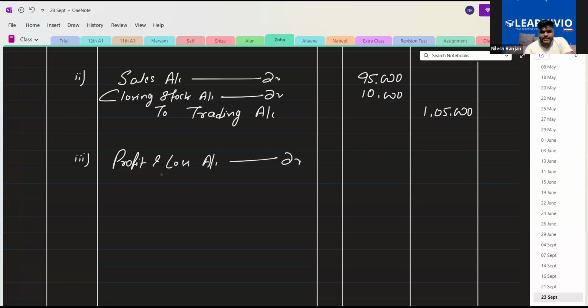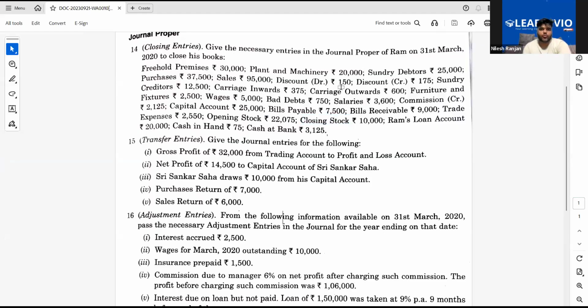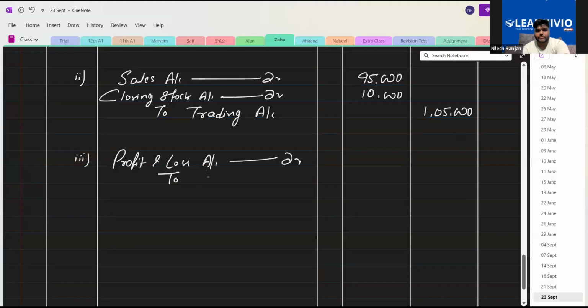The only difficult part in these types of questions is to decide which one will go to trading account and which one will go to profit and loss account. So here it is, profit and loss account. Discount debit 150, so to discount 150.